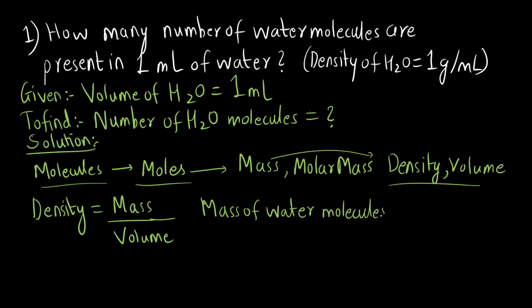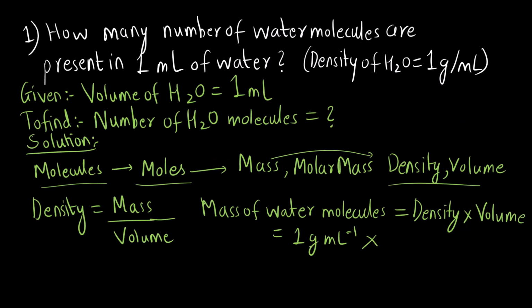Whatever sample is given, mass will be density into volume. Density is given to us, that is 1 gram per ml. Density is mass upon volume, so we have to find out the mass.